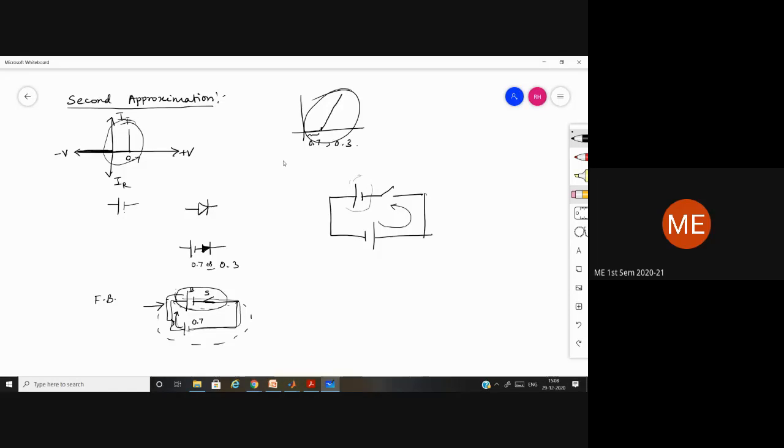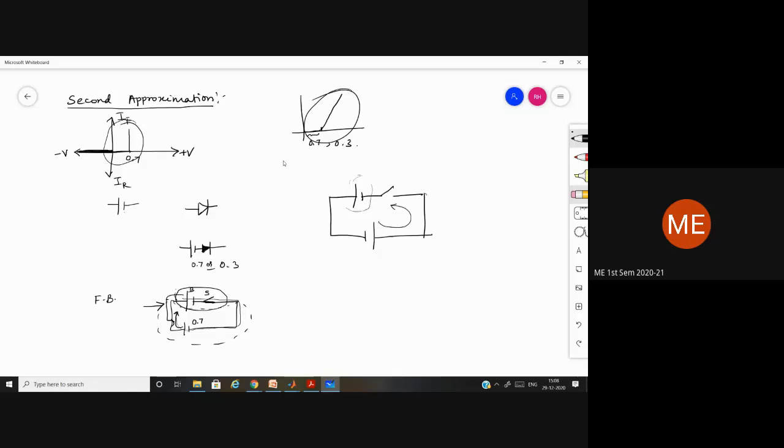That means the diode has an inbuilt fixed voltage of 0.7 or 0.3, which can be compared with a battery. So when your input voltage becomes greater than this fixed voltage the diode has, the current can pass through it. Otherwise, the current will not flow.